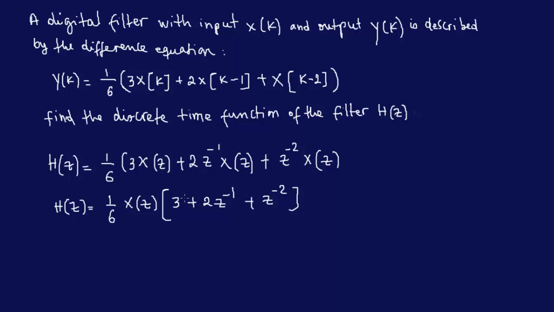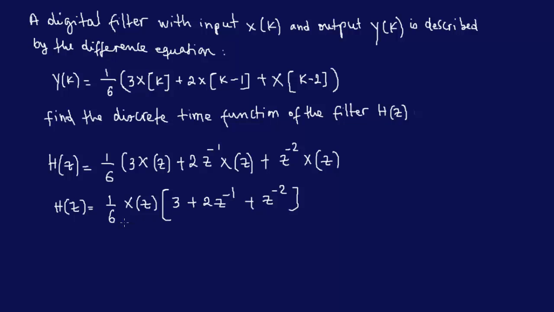We can multiply by z squared over z squared, which is basically multiplying by 1, so you are not really changing the equation at all. The point is that I want to get rid of the negative powers.